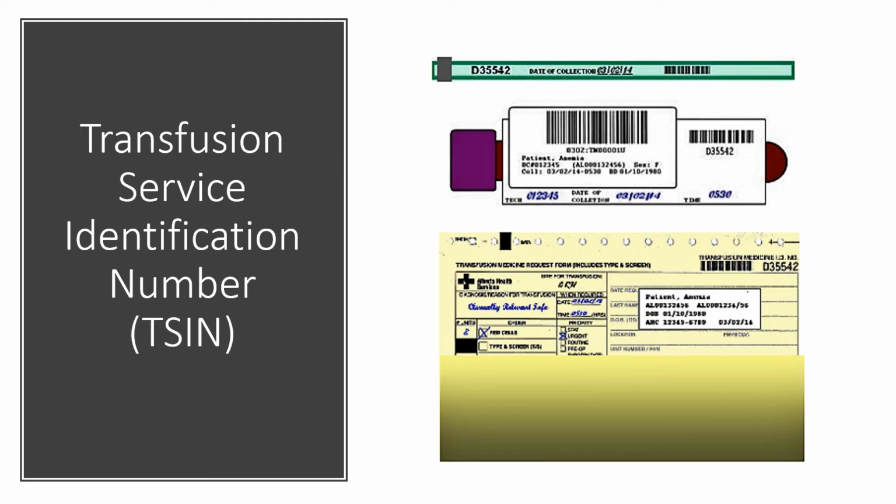The new provincial TSIN system allows for the standardization of the system across the province, supports bedside and laboratory Connect Care workflows, and will eventually support the ability to provide transfusion services across the zone.